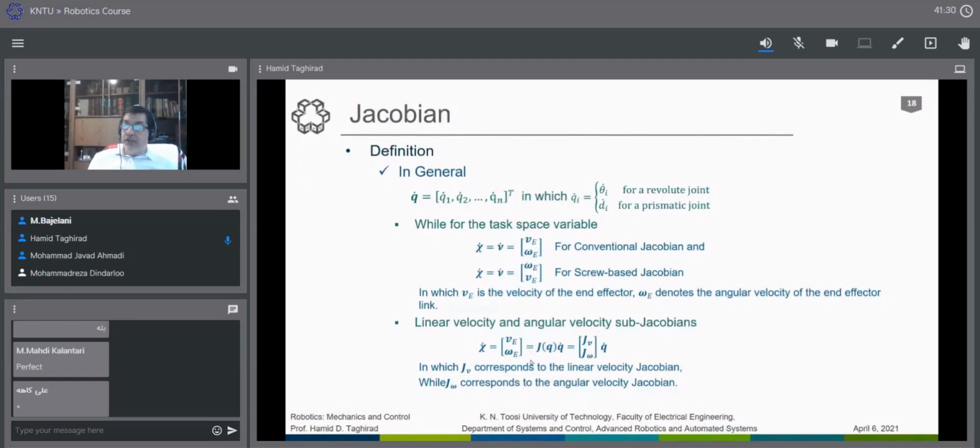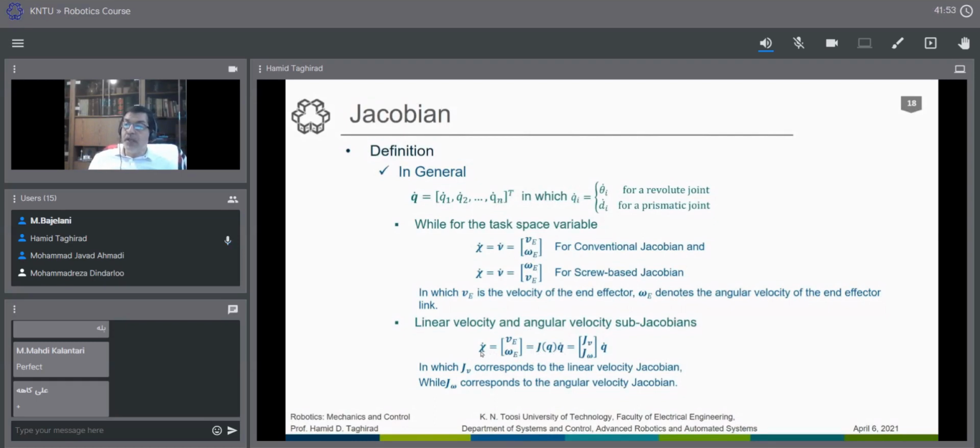We have a total Jacobian matrix. Suppose that this is a 6 by 6. We have a 6 degree of freedom manipulator, so n is equal to 6. We have also 6 parameters or variables here. By this means we have a 6 by 6 Jacobian that relates Q dot to X dot.